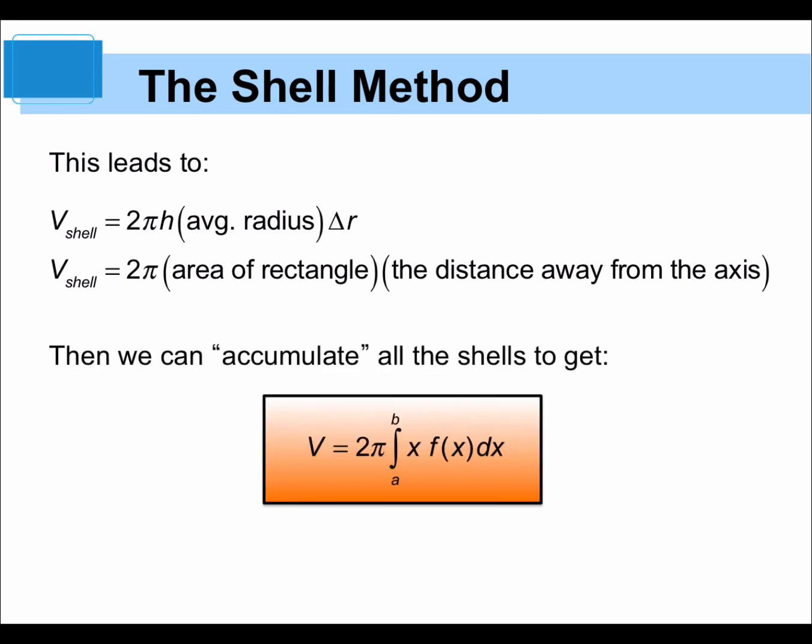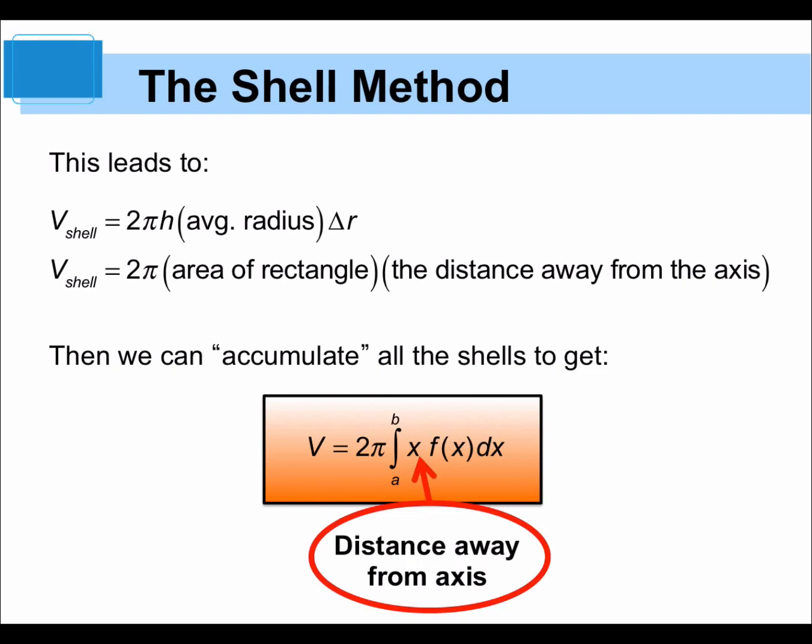Okay, so then of course, we integrate that, because once we find one shell, that volume is just going to be a series of shells. So like it says, we use the integral as an accumulator. That x represents the distance away from the axis. That was our r in the shell. What's f of x dx?